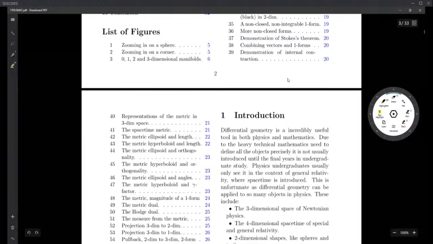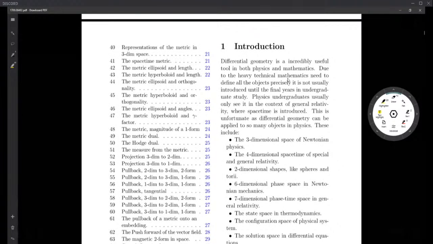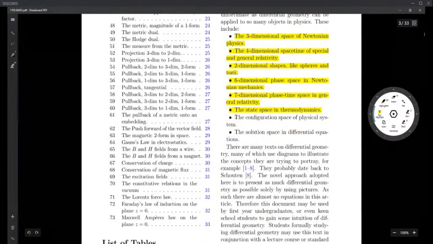As we can see, differential geometry is applicable in both physics and mathematics, and in the context of physics it is applicable for these few points: the three-dimensional space of Newtonian physics, the four-dimensional spacetime of special and general relativity, two-dimensional shapes like spheres and tori, six-dimensional phase space in Newtonian mechanics, seven-dimensional phase space-time in general relativity, the state space in thermodynamics, and so on and so forth.